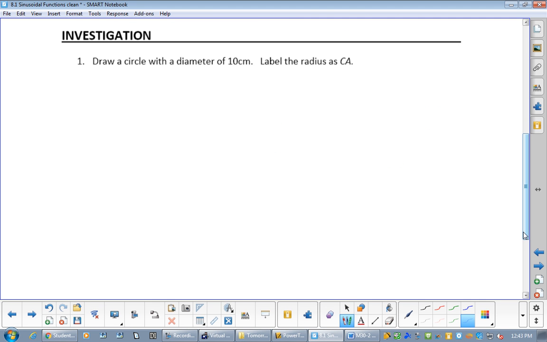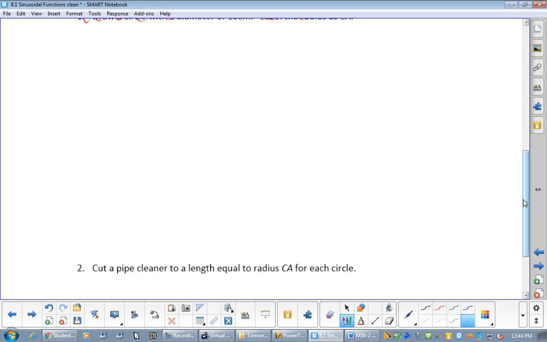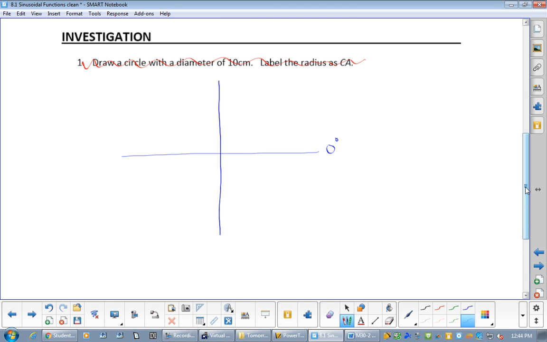Now, we're not going to do this yet. I just want to talk about degrees and radians right now, because we're going to start with baby steps here. If this was 0 degrees here, and I started here and went to here, how far have I gone? 90 degrees.